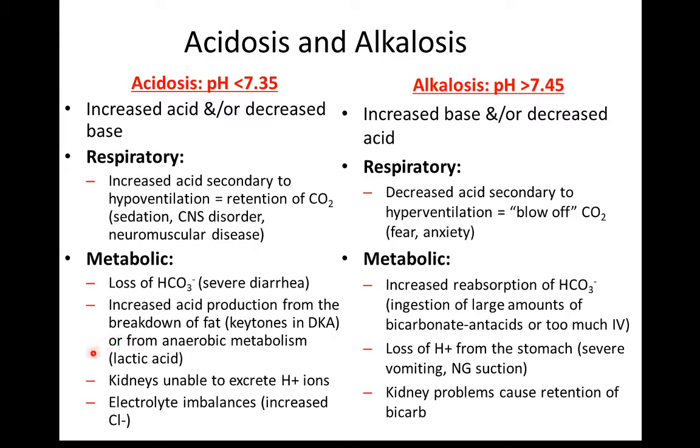Or it happens if you've overexerted yourself and built up lactic acid in your muscles and have gone into anaerobic metabolism. It can also happen if your kidneys are not working correctly and you can't secrete hydrogen, or with a number of electrolyte imbalances, but probably the most common would be an increase in chloride.